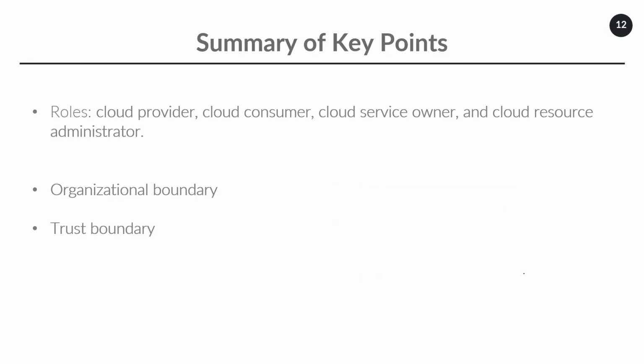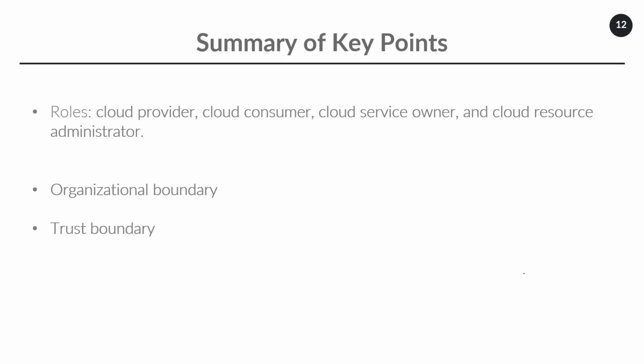Okay, so we reached the end of this little section here. Just as a summary, we've looked into the common roles associated with cloud-based interaction and relationships, and they include the cloud provider, cloud consumer, the cloud service consumer, right?